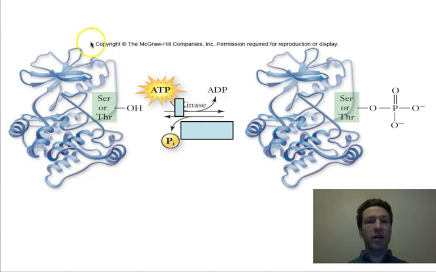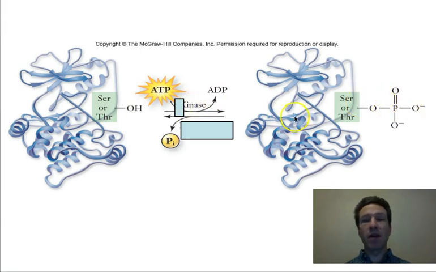Over on the left here, we have some protein, probably an enzyme, and it has a couple of particular amino acids on it. In particular, perhaps at this location, it has either serine or threonine. These are both amino acids that can receive a phosphate group. We then see that going from left to right, this amino acid goes from not having the additional phosphate group to having this phosphate group added on.